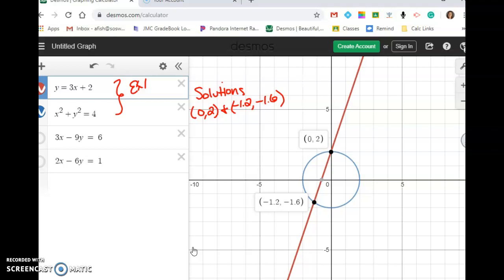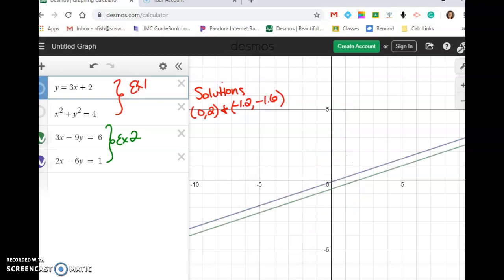For instance, you could list the next two as example 2. When we're looking at example 2, something happens between my purple and my green graph. I can see here that those are not going to intersect.